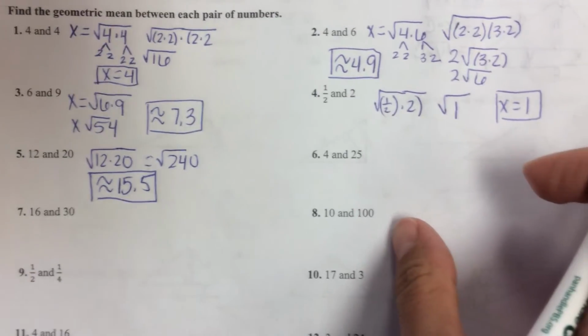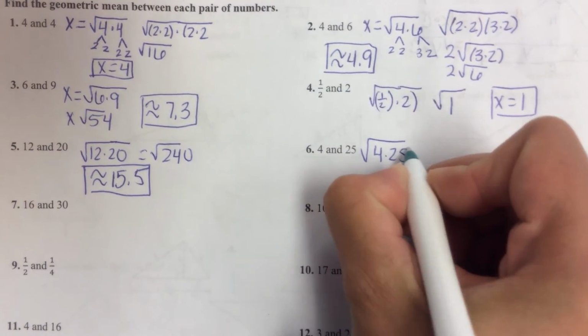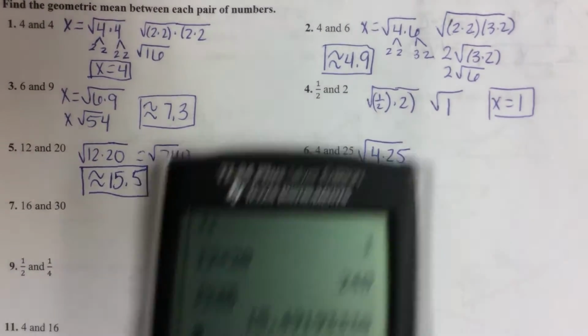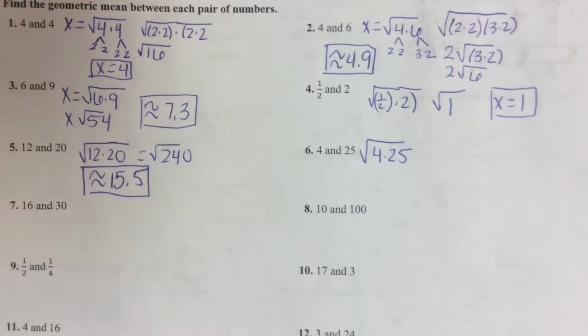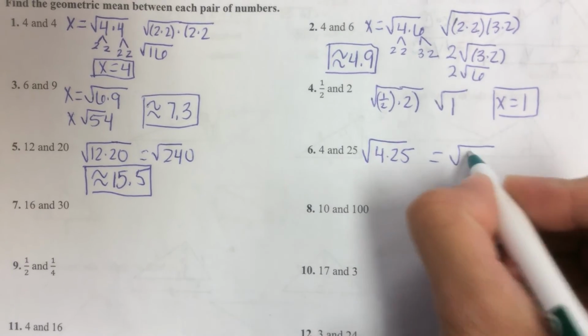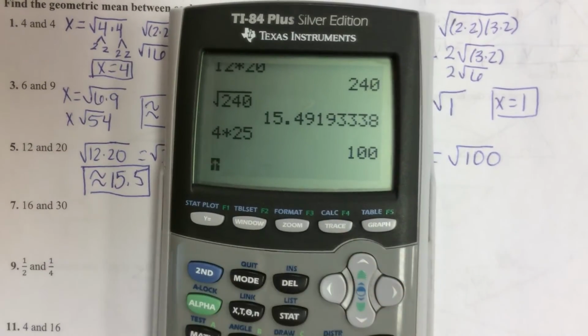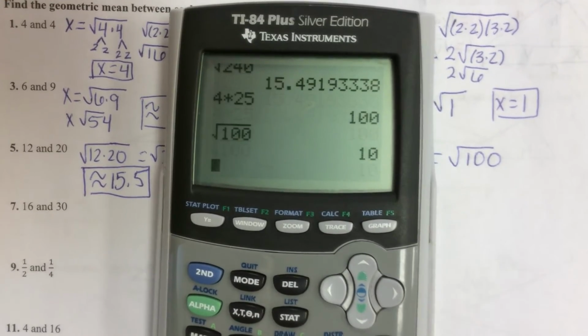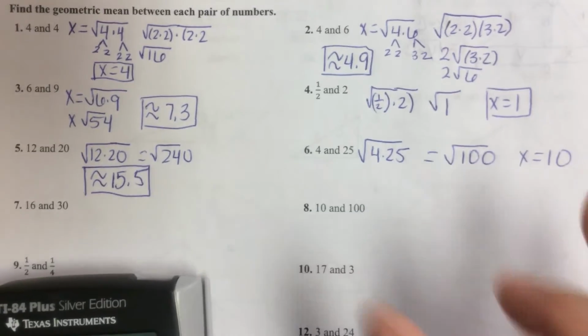Number 6, the square root of 4 times 25. That's 100, but we'll stick it in here. That equals the square root of 100. If you know the square root of 100, that's 10. We'll stick it in just to check. x equals 10.